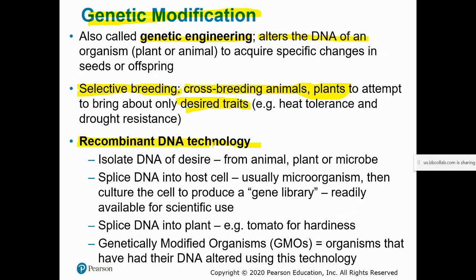In recombinant DNA technology, this is where we start to actually take genes from one type of organism and put it into the DNA of a different organism. So a lot of people start to raise red flags here because this really feels like controlling nature in a pretty unique way that humans had yet to do up to modern times.